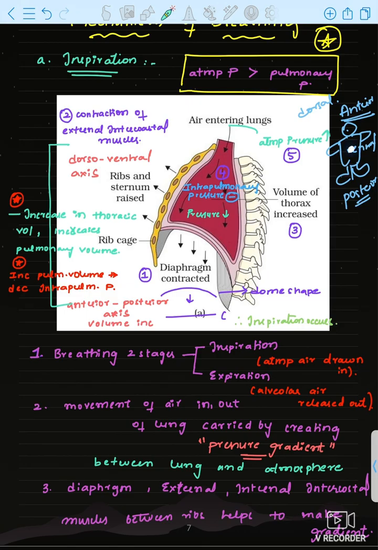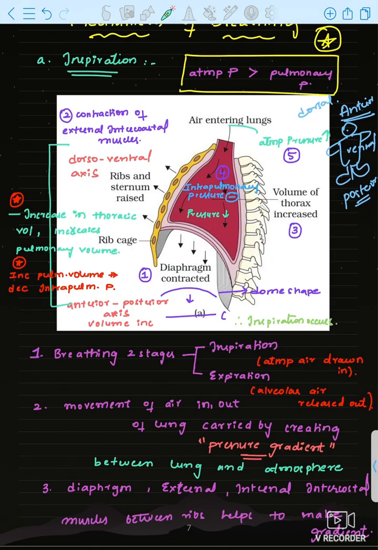When the ribs are raised, they come outward, which means dorsally and ventrally the volume is increased. The first step is the diaphragm contracting, and the second step is the external intercostal muscles contracting. What happened? Volume of the thorax is increased.